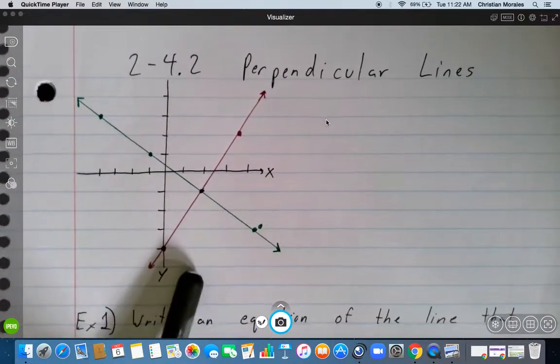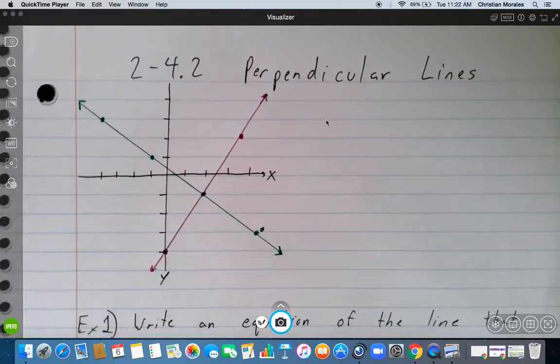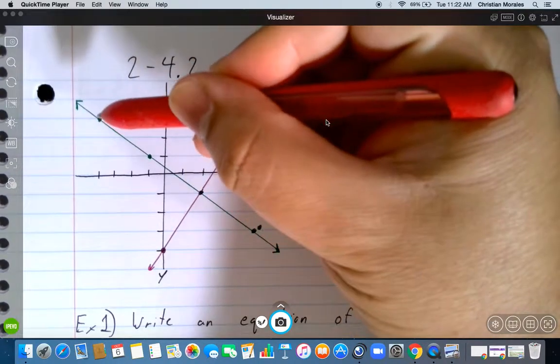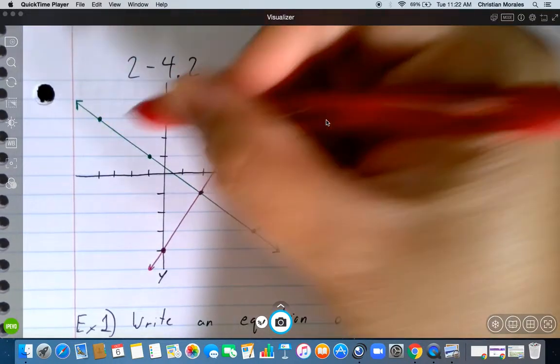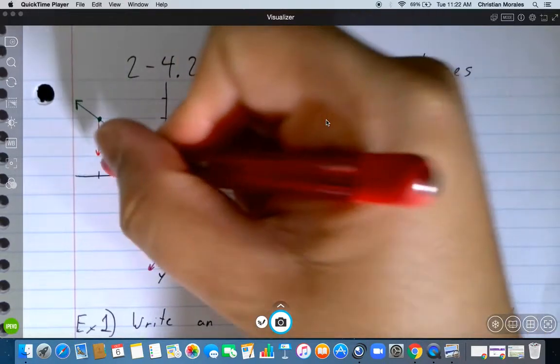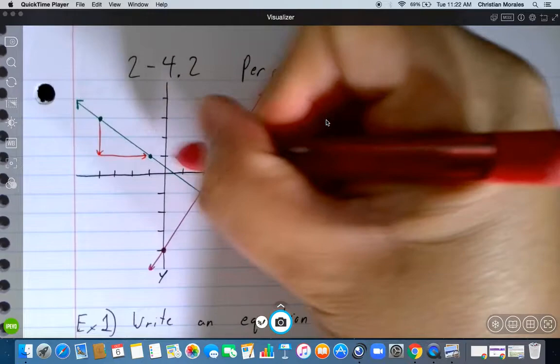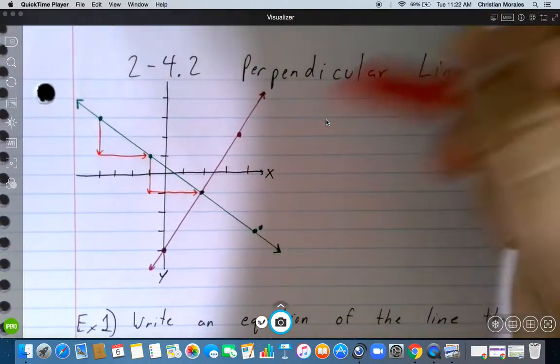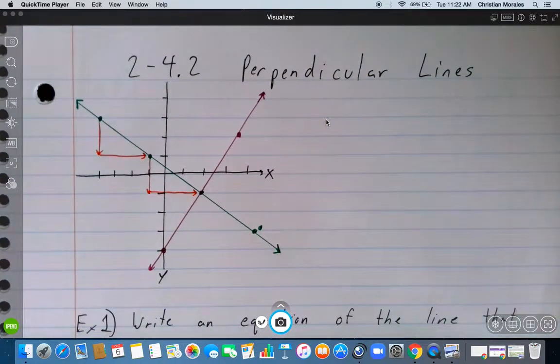Obviously these lines are crossing each other, so that's one thing, but it's how they cross each other that's important. To figure that out, we're going to find slope first. Remember, slope is the change in y over the change in x, or the rise over run. So if I go from here to there, or I could have gone from here to here, it doesn't matter where you do the slope, it should be the same wherever you are counting from.